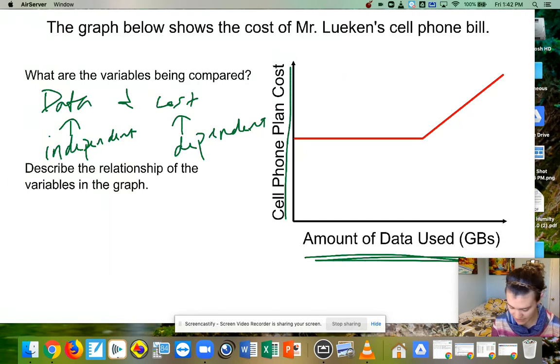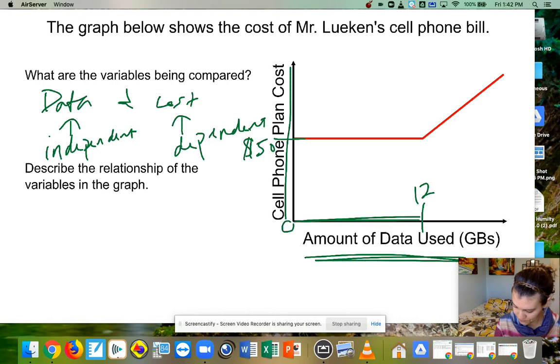If we add some labels to these axes, let's say that this is like $50 right here, and this is at 12 gigabytes. So if we describe this relationship, here we're starting anything from 0 up until this point, whatever that point is, costs $50. It's the same cost. So from 0 to 12 gigabytes, cost is constant.